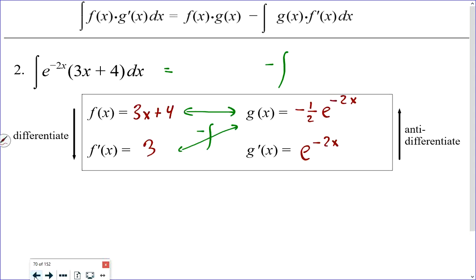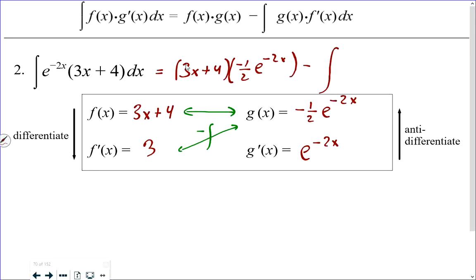Now let's rewrite this. It is the integral of f of x g prime of x equals f of x g of x, so the product of these two, whoops, didn't leave myself enough room, 3x plus 4 times negative 1/2 e to the negative 2x minus the integral of the product of these two, which would be negative 3/2 e to the negative 2x.